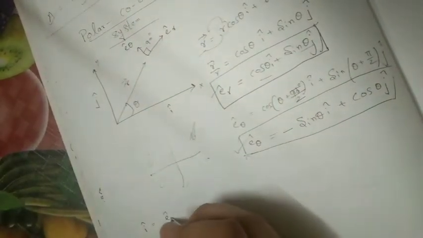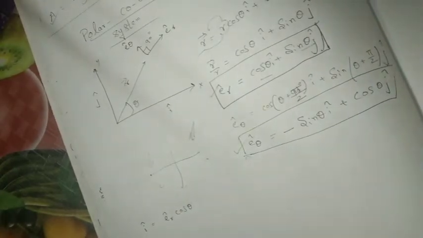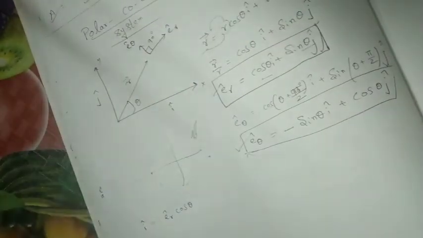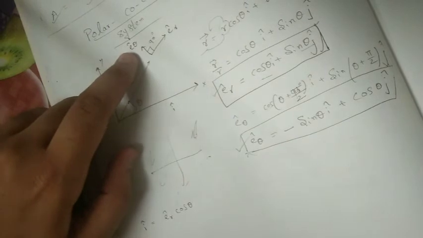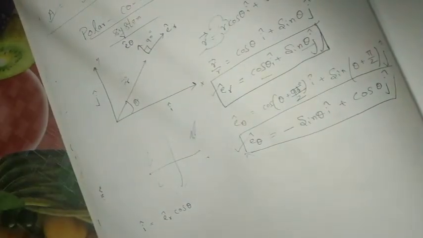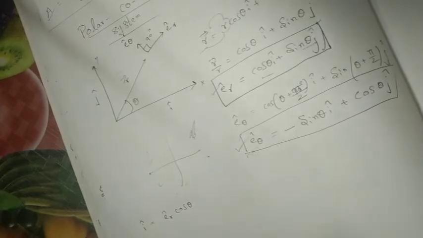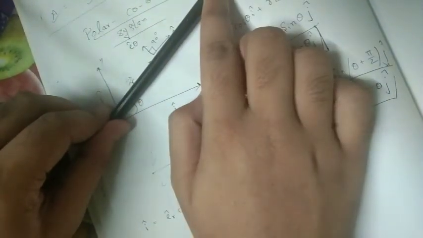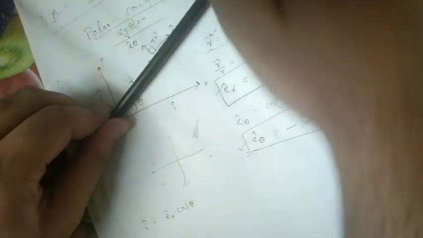So it is E_R cos theta, right? Now E cap theta is 90 degrees ahead of E cap R. So if I say E cap R is in this direction, we will always take E cap theta in this direction.